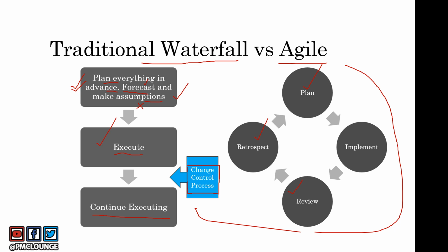What they instead do is make decisions based on real information as soon as it is discovered. So as soon as a Scrum team working in an agile environment discovers certain information, they are going to review, they are going to retrospect, and then they are going to change their plans, make their plans again. So that's a major difference between traditional waterfall and agile.